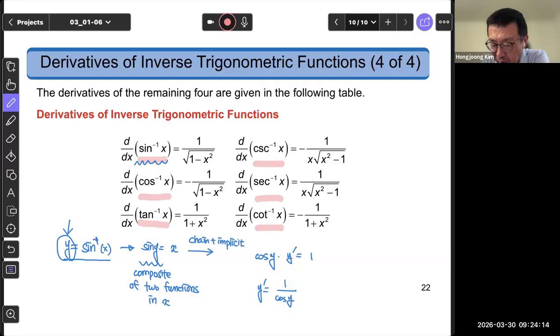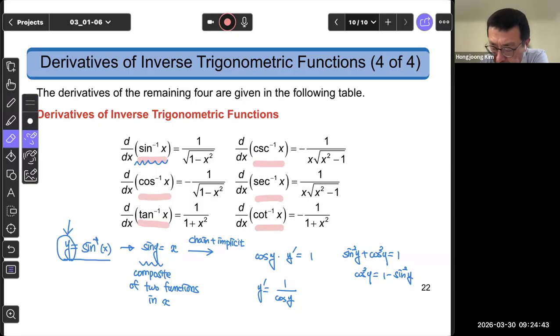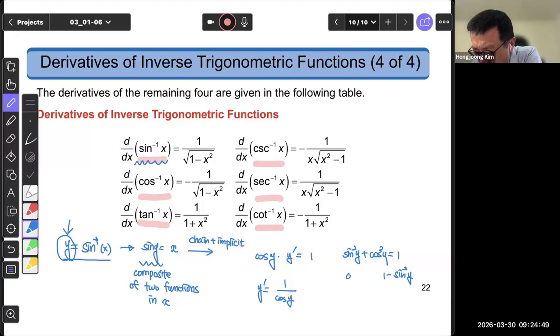I remember that cosine y and sine y make a simple identity: cosine y squared is 1 minus sine y squared. Then cosine y has two possibilities, plus or minus the square root of 1 minus sine y squared.